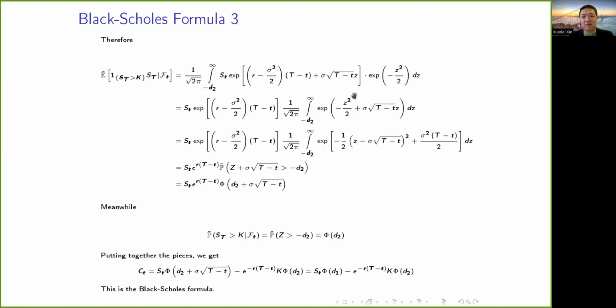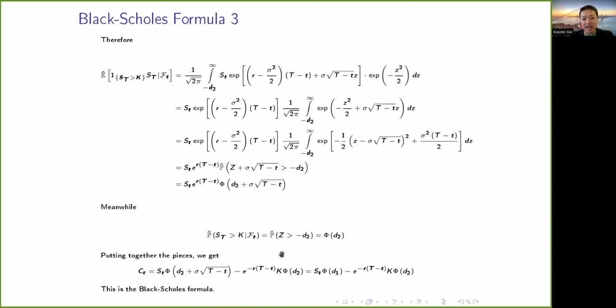Then we can combine these two exponential functions to arrive at this expression, and we have also taken out the constant terms. Then by rearranging terms in the exponential, we can rewrite this part as a probability of Z being greater than minus d2 minus sigma times the square root of capital T minus t. And we can express this probability in terms of the cumulative distribution function of the standard normal distribution, and that is this expression.